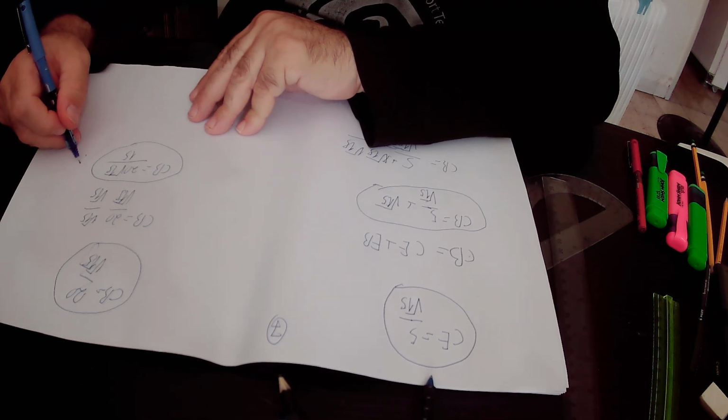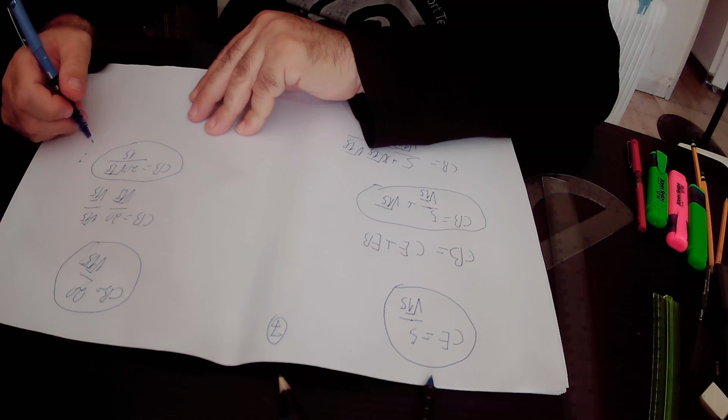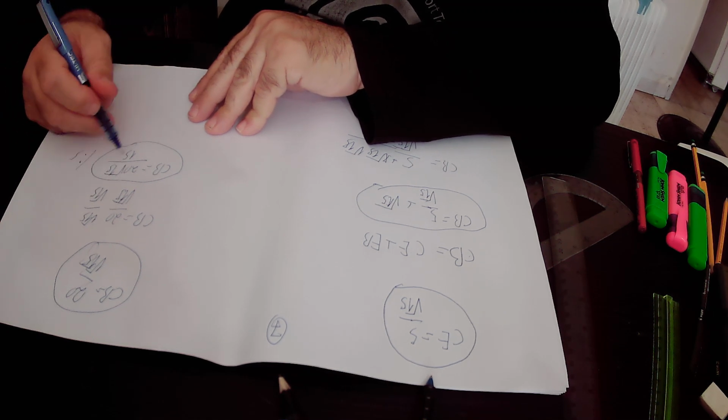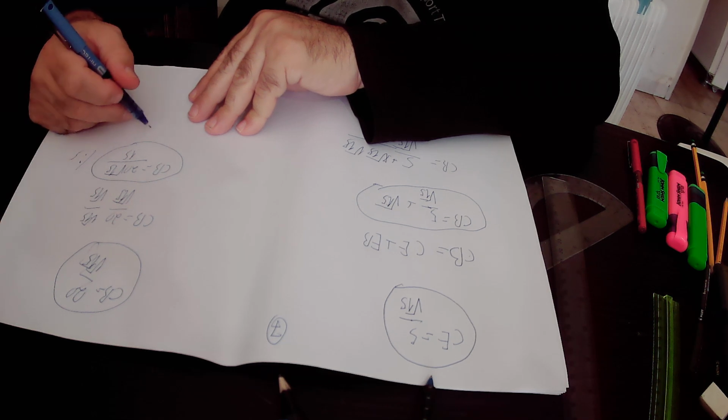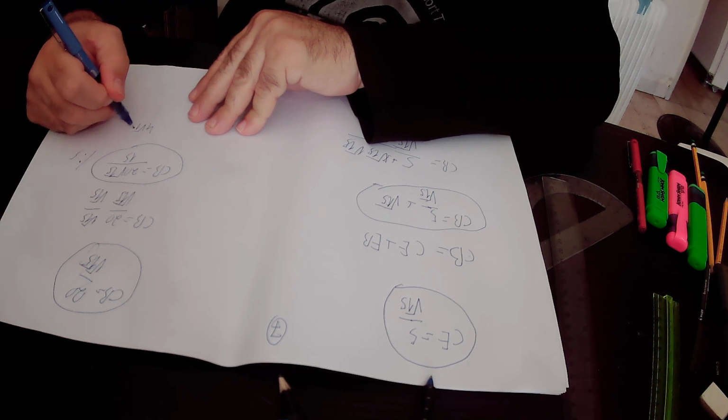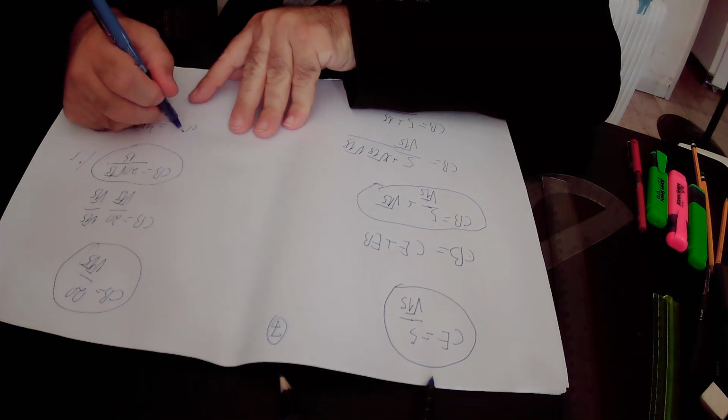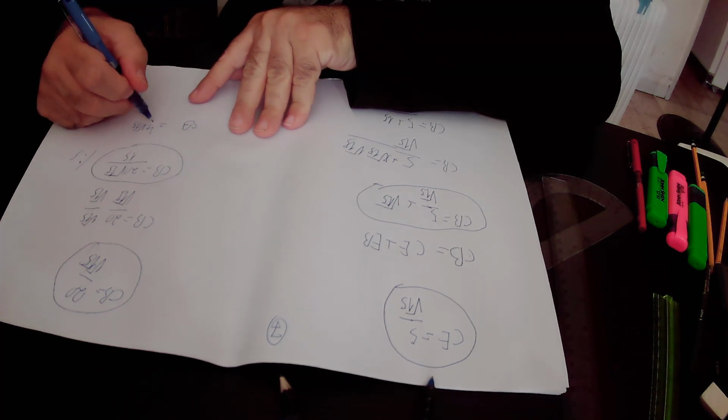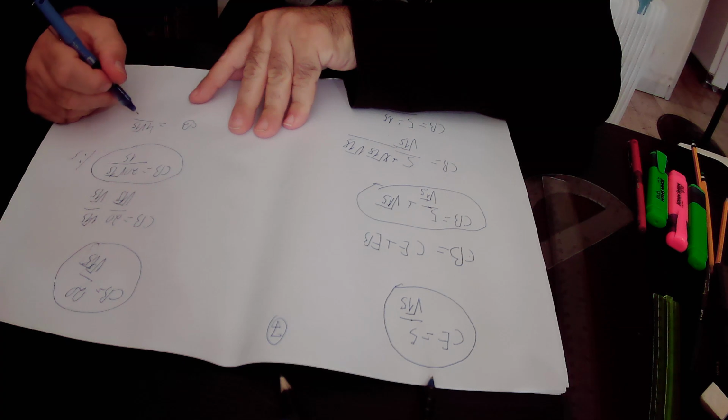Here we will divide this expression, both the numerator and the denominator, by 5. Here 20 over 5 is 4. So in total, in the numerator we have 4 times square root of 15, over 15 over 5, which is 3.